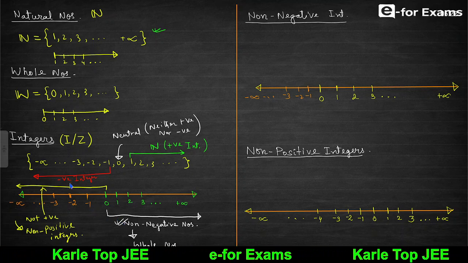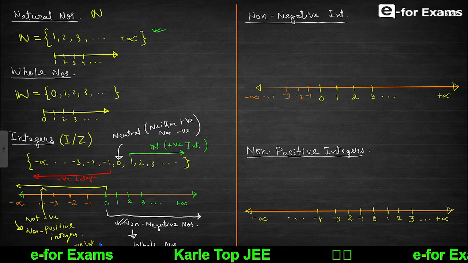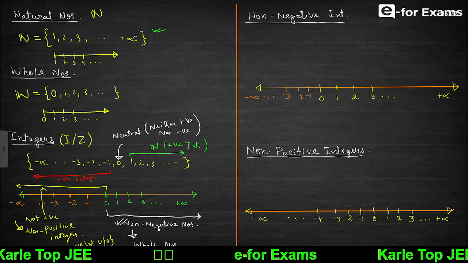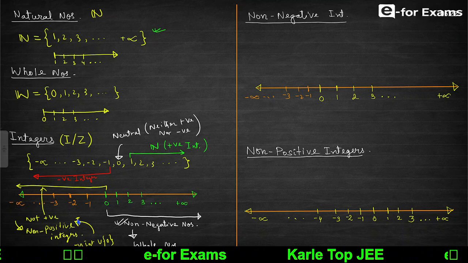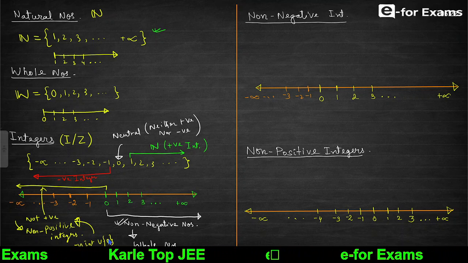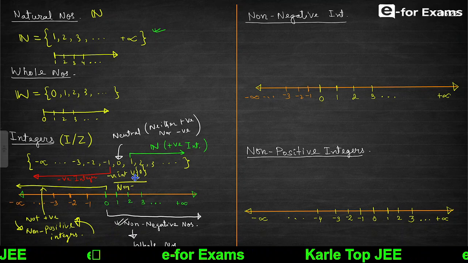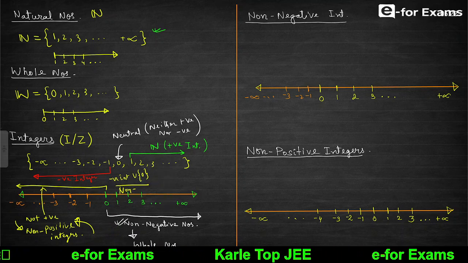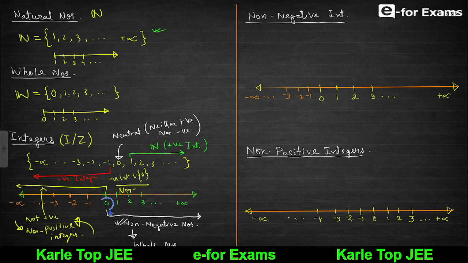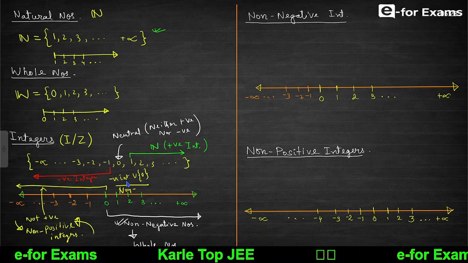Okay, all negative integers plus 0, negative integers union singleton 0, from 0 to negative infinity, we call it non-positive.